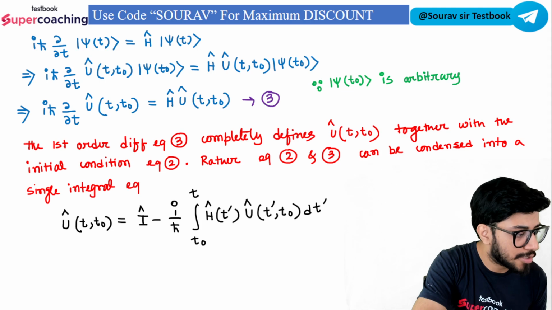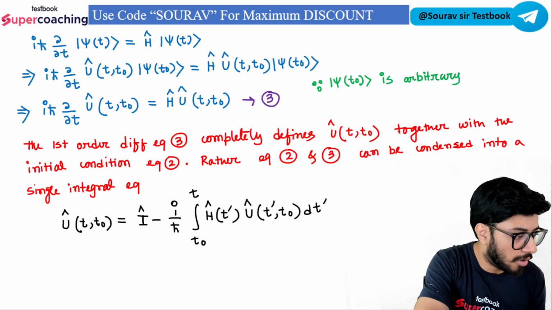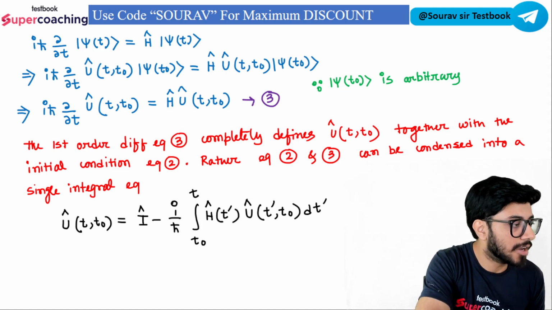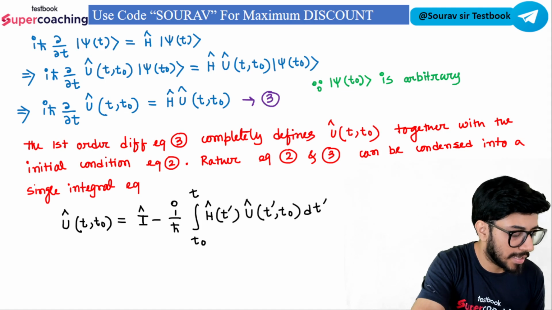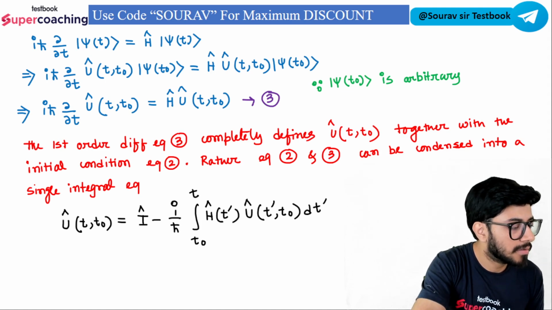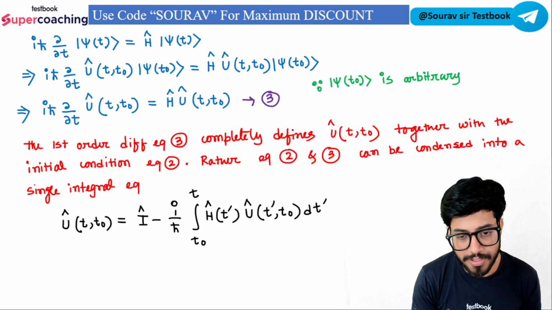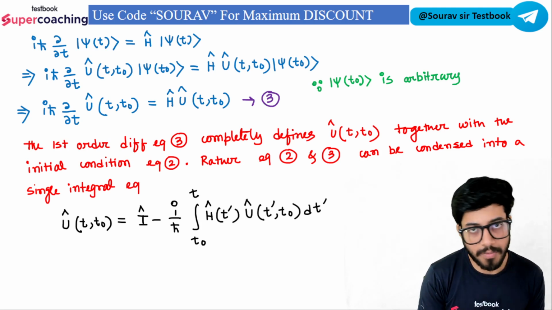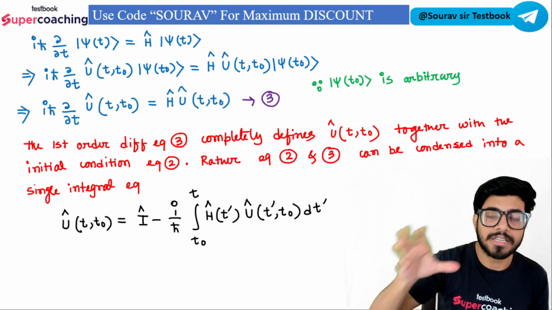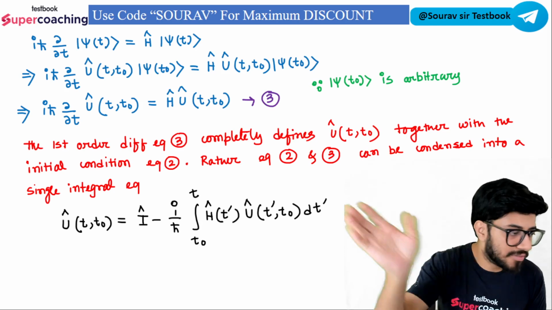Now, conservation of probability almost always requires that the inner product of psi of t with psi of t should be equal to 1, and that thing has to be satisfied. We know this. So when you impose conservation of probability, the state of the system should be normalized at every instant of time.